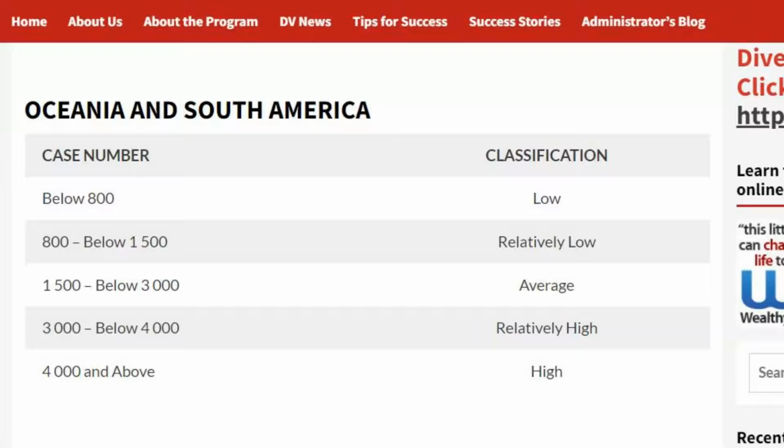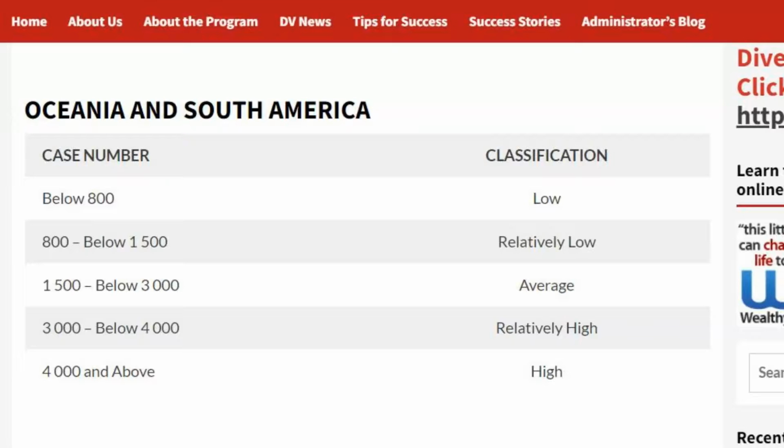And so if you are from either the Oceania or South America region with a case number below 800, that can be considered as a low case number. In case your case number is anywhere from 800 to below 1,500, that can be considered as a relatively low case number.